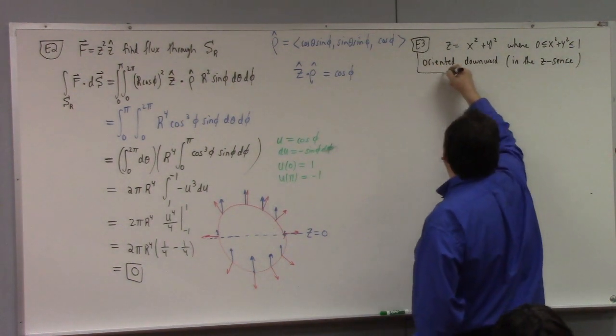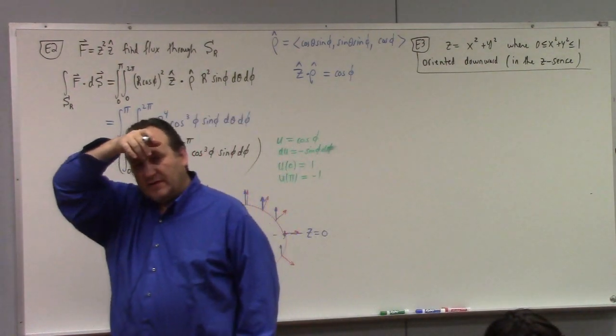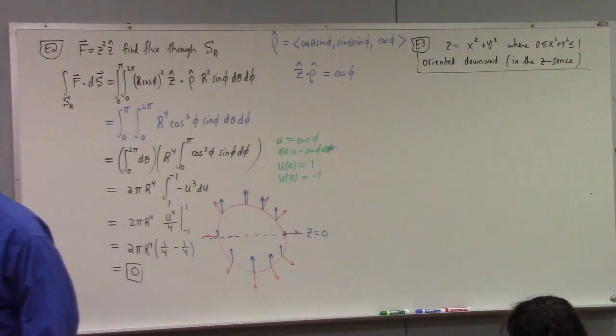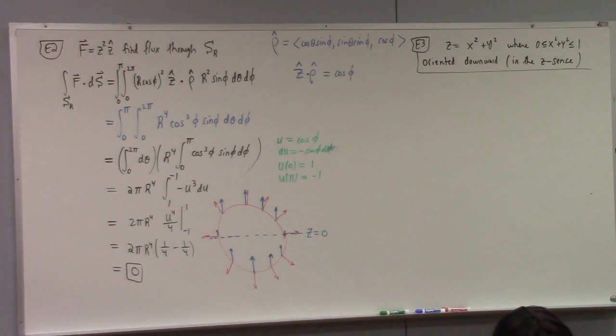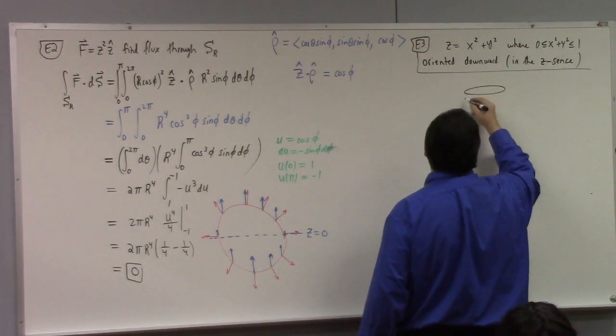What does this thing look like? What is z equals x squared plus y squared? Do you guys remember? Nobody? Yeah, a paraboloid, right? And so a picture of this thing is something like this, right?